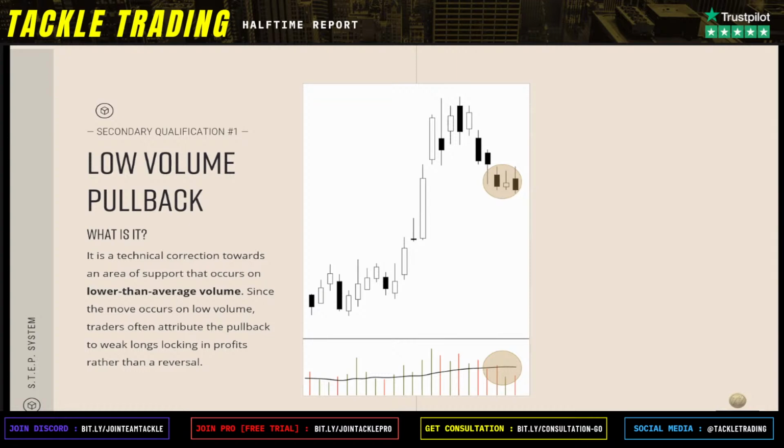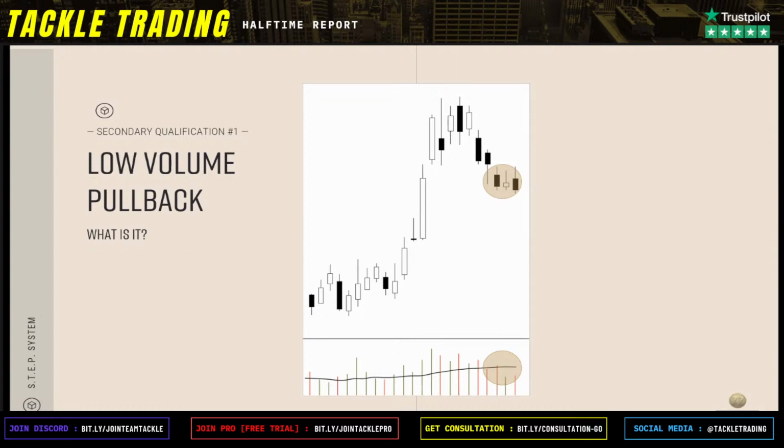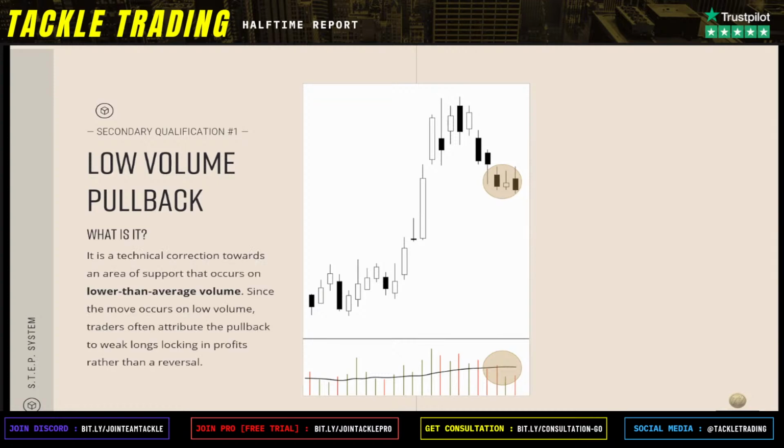And so as it comes down, down, down, we want to see that lesser volume there. So even though volume is not a need, it is a want, it is not a primary qualification, it is technically a secondary confirmation tool, it is important. And I felt like we just wanted to have a little bit of a conversation on volume.